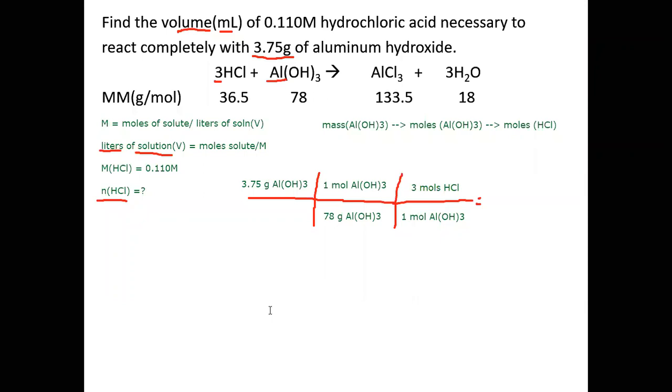Now everything cancels but the moles of HCl. 3 or 4 significant figures will suffice for these types of answers. So we get 0.1442 moles of HCl. Now we know the moles of HCl.